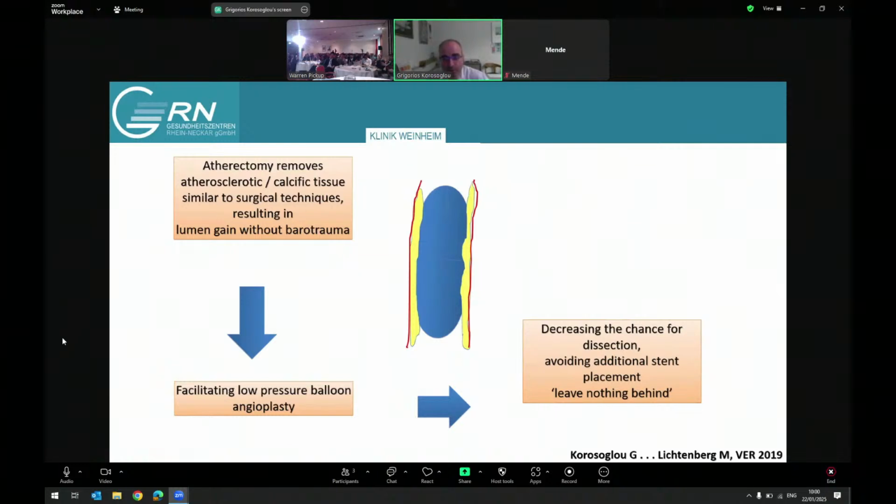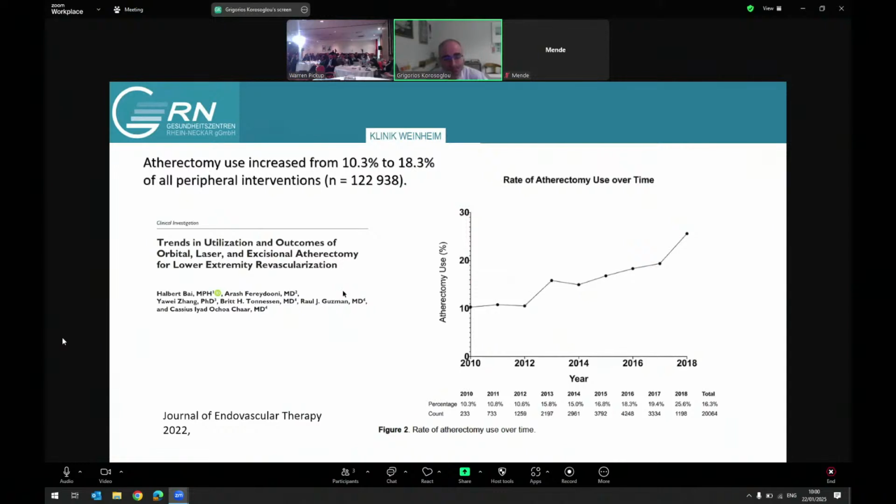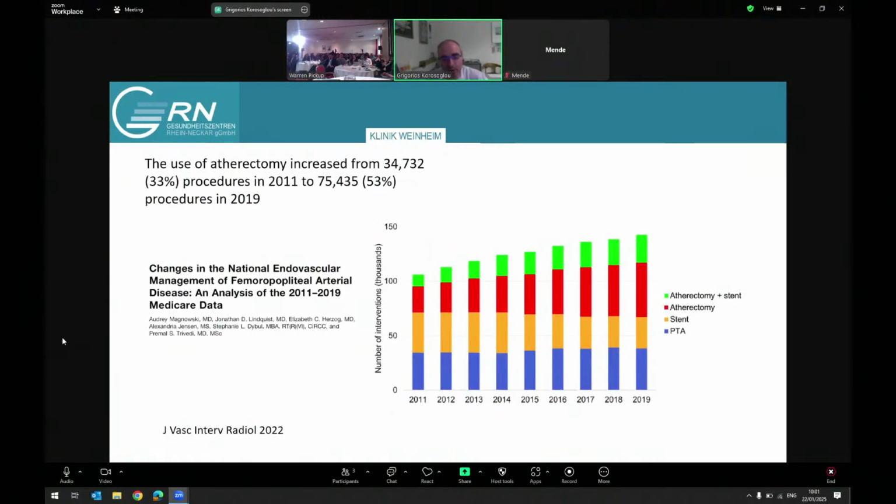And by this way, we also facilitate more leakage of the drug elution into the vessel wall, thus enhancing the antirestenotic effects of this sort of treatment. We all know that atherectomy is rising. The numbers of atherectomy being performed in the US are continuously rising.